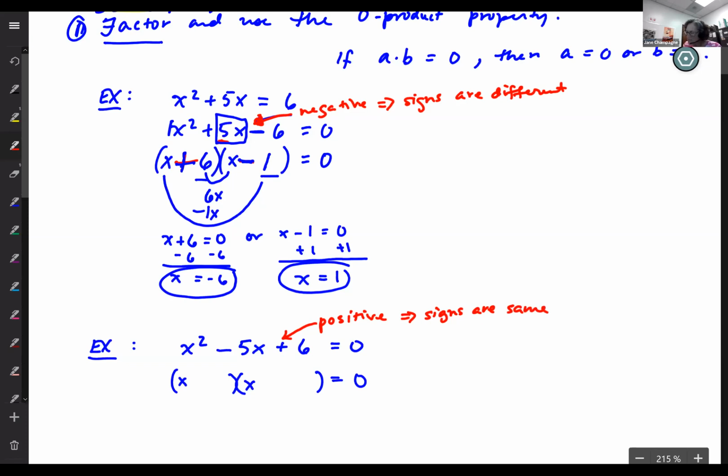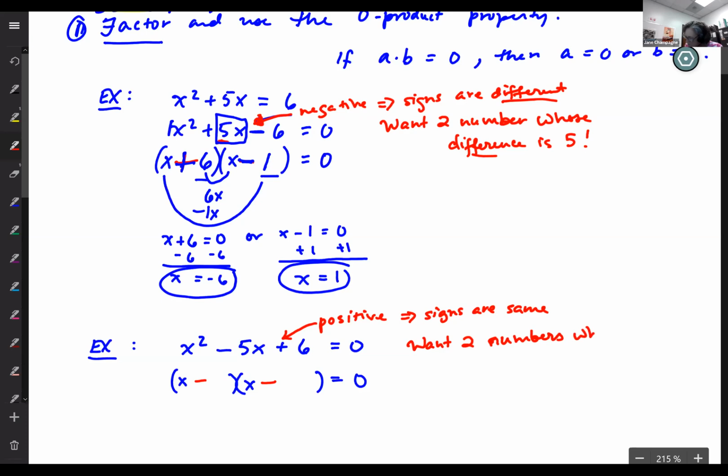Notice up here, when your signs are different, you want two numbers whose difference is 5. Here the signs are the same, so we want two numbers whose sum is 5, or -5 actually. But we can just notice that they both have to be negative, right?